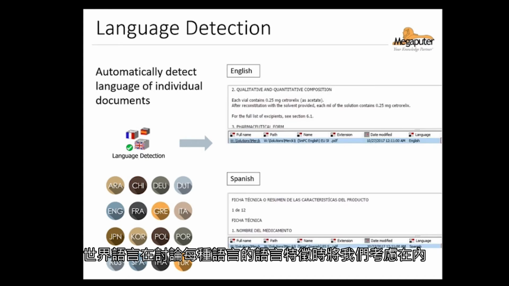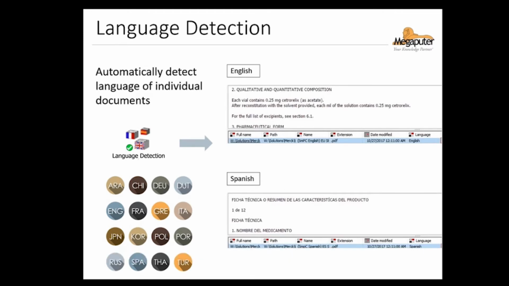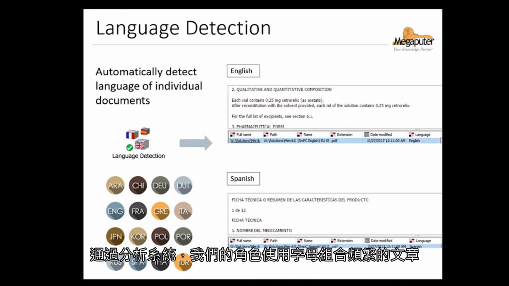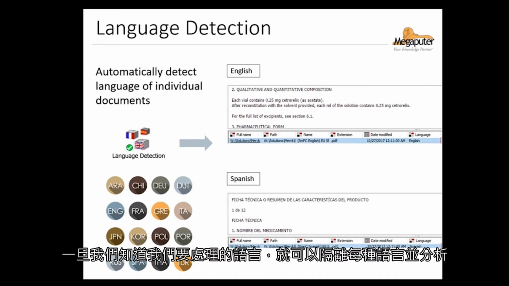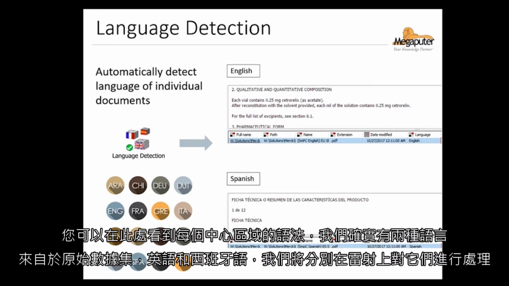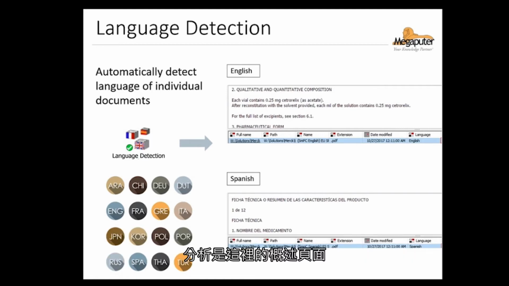We are able to detect languages through the analysis of characters used, letter combinations, and frequent articles. Once we know what languages we are dealing with, we can isolate each language and analyze its grammar. As you can see here, we detect two languages from the original dataset, English and Spanish, and we will work on them separately in later analysis.